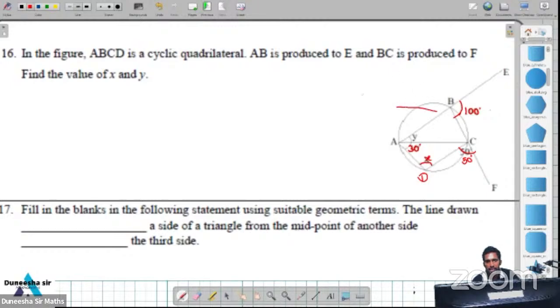How much is this angle? Look at the main angle, ABF. ABF, how much?